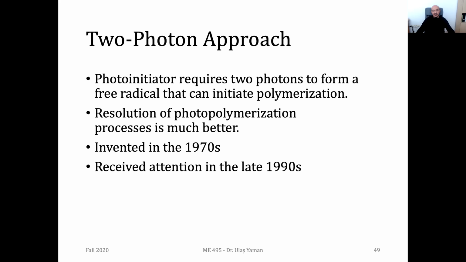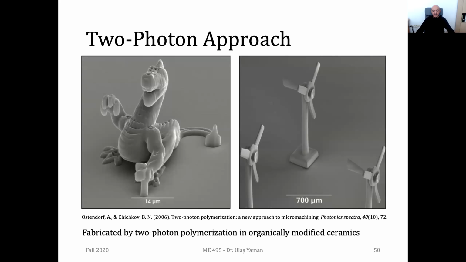It's still in the laboratory scale. But their accuracy is much better compared to the other ones. And they can even cure some kind of ceramics with the help of their approach. You can have a look at this paper if you are interested in two-photon polymerization.